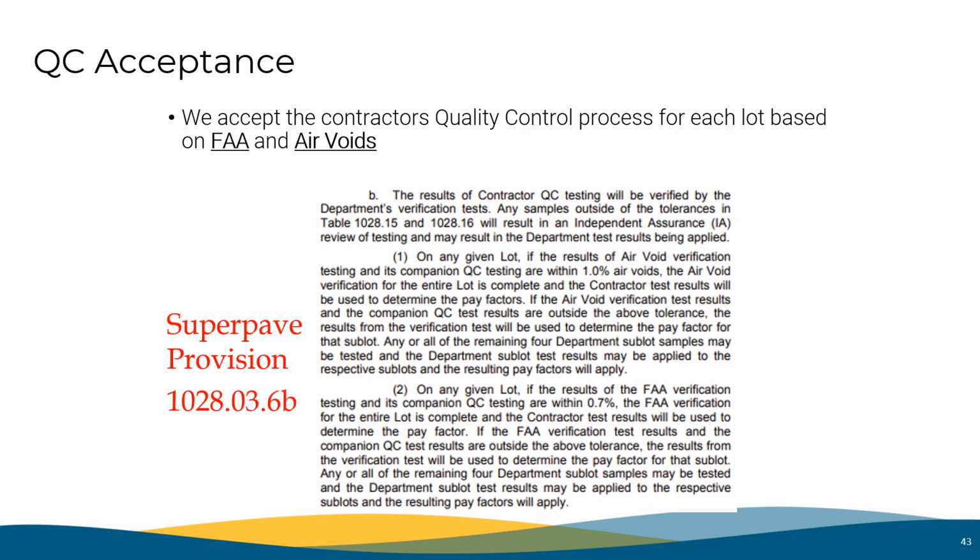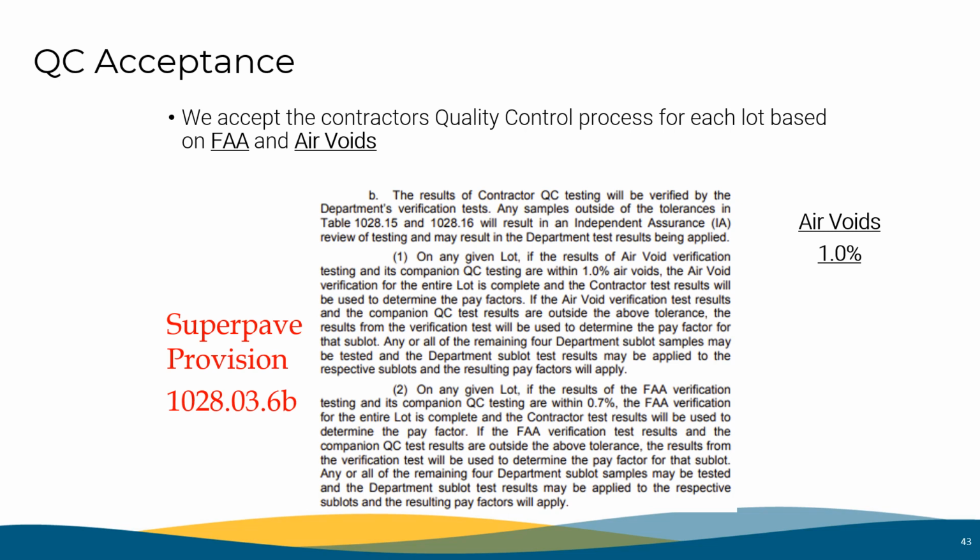Subparagraph 1. On any given lot, if the results of the air void verification testing and its companion QC testing are within 1% air voids, the air void verification for the entire lot is complete, and the contractor test results will be used to determine the pay factors.